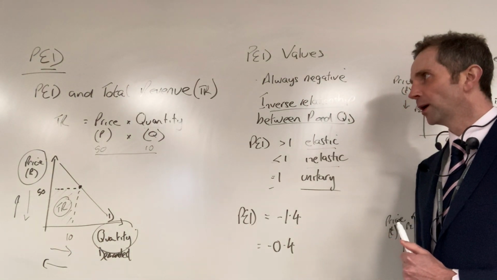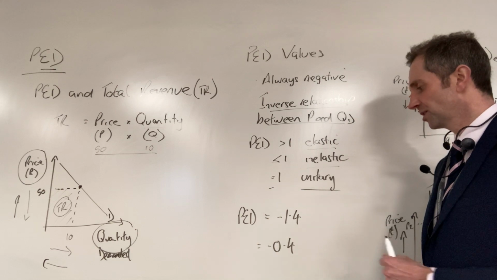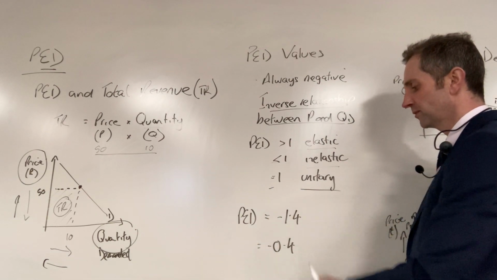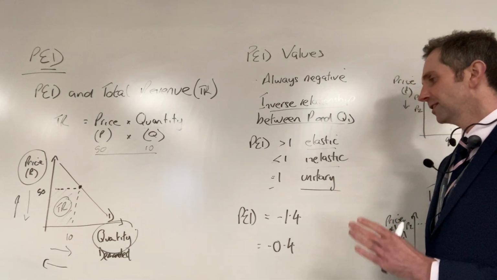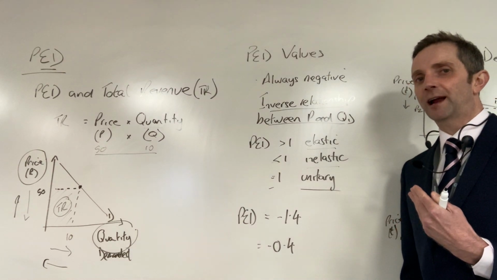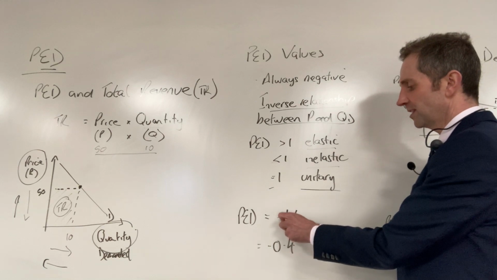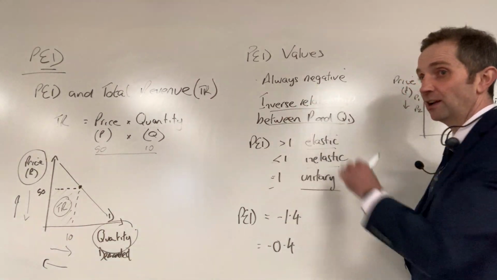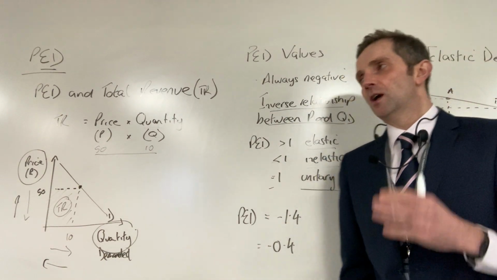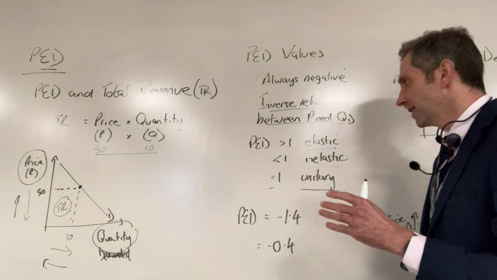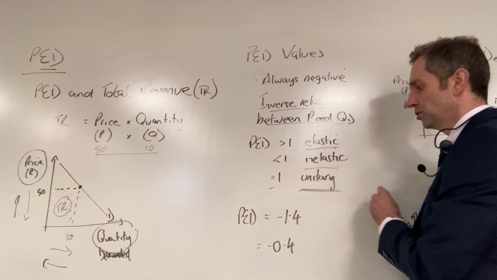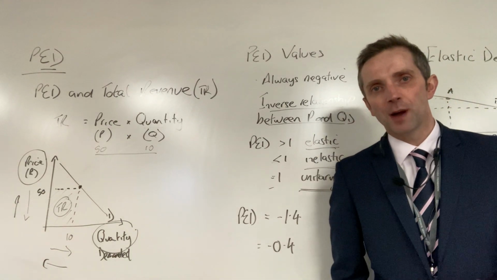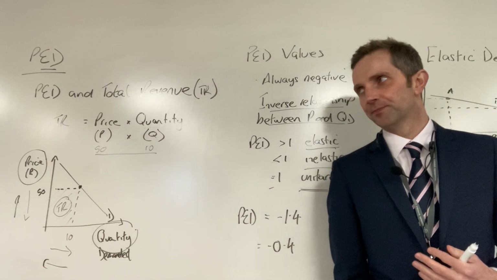So for your homework, I had asked you to consider two values. One was minus 1.4 and one was minus 0.4. Now, the thing that you've got to get into your head is that although we say that these are always negative values, which they will be, when you're interpreting them, whenever you're working out whether it is elastic or inelastic or unitary, we pretend the minus sign's not there, ladies and gents.